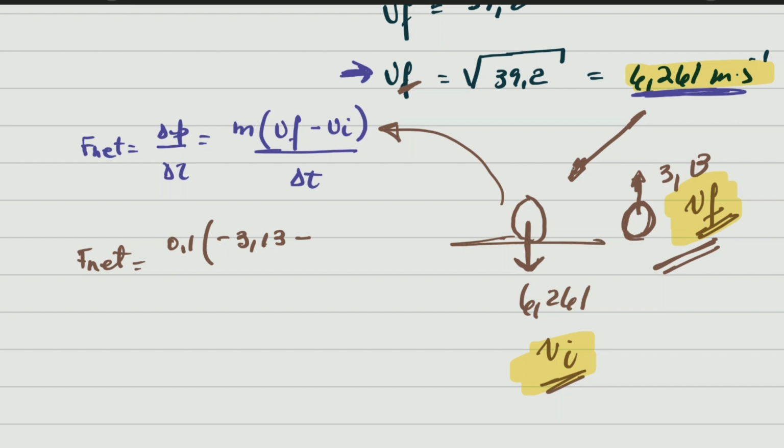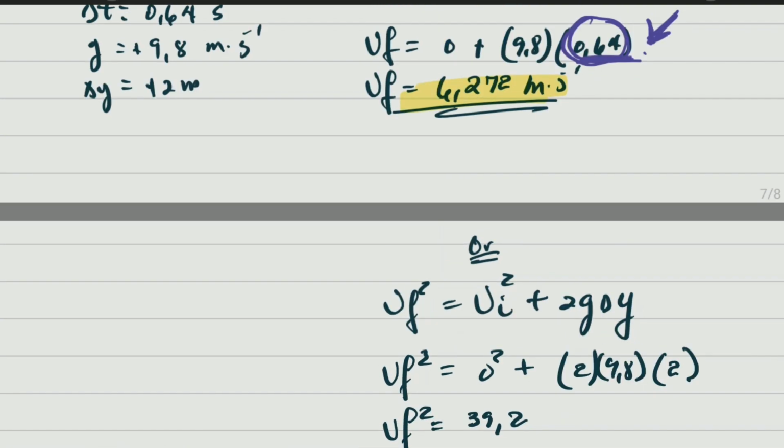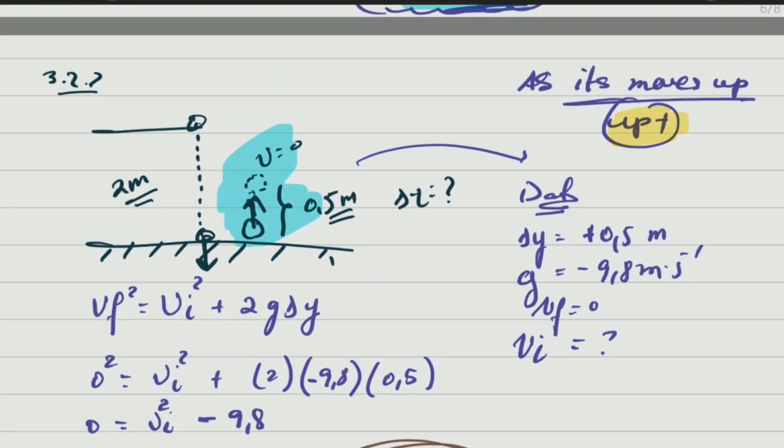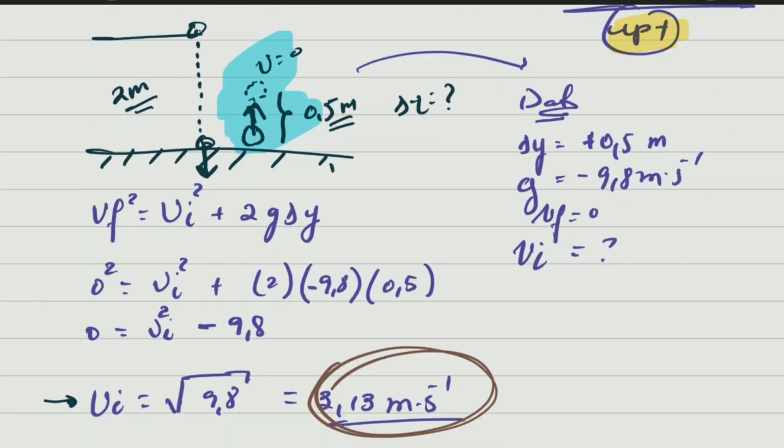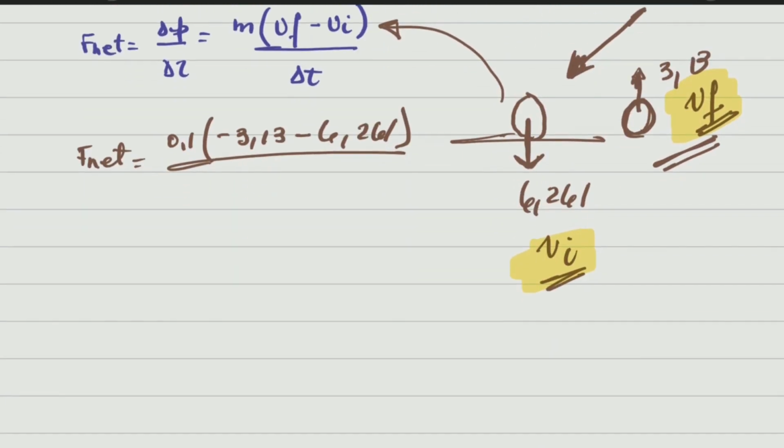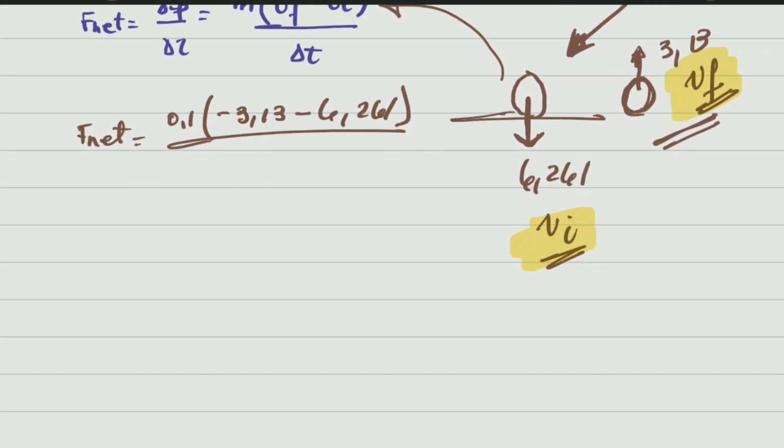You can see the velocity with which the ball reaches the ground is 6.261 positive, but the minus at the front, divided by the total time. They are giving you the time that the ball is in contact with the floor, 2 times 10 to the minus 3. So we are going to substitute that number here, 2 times 10 to the minus 3.